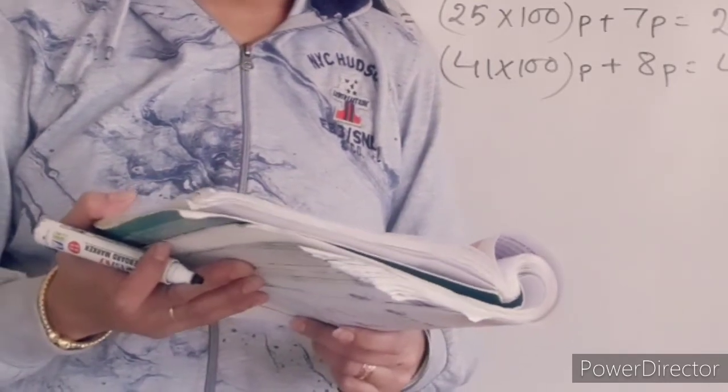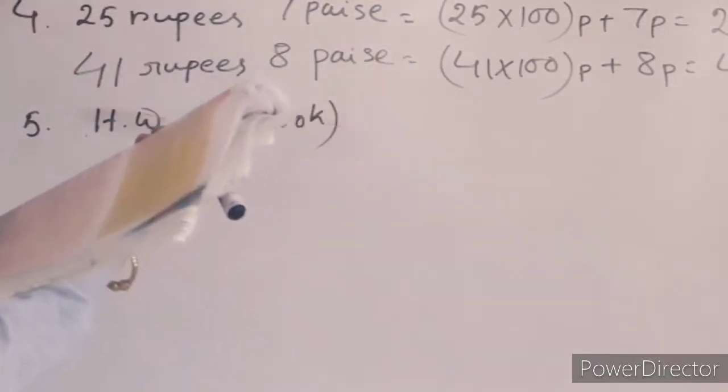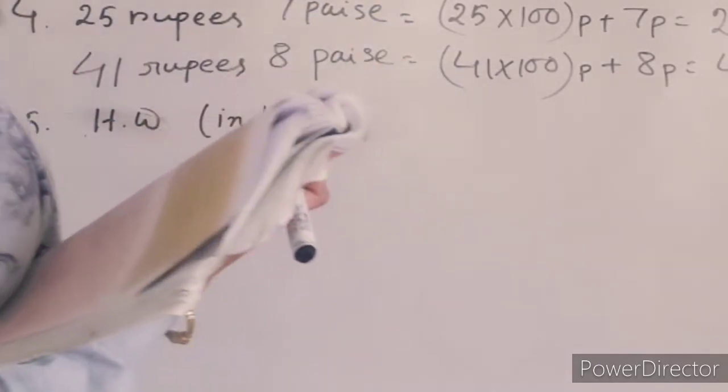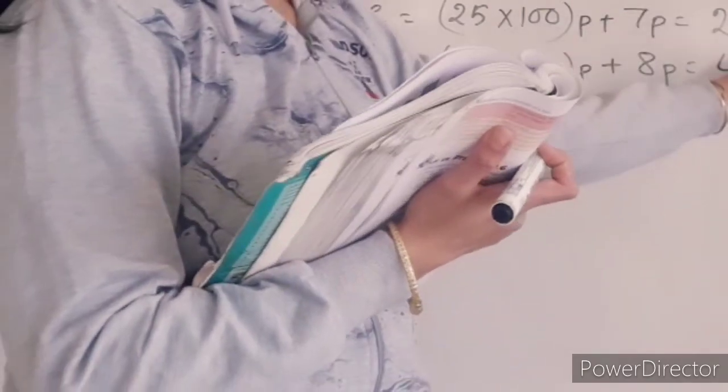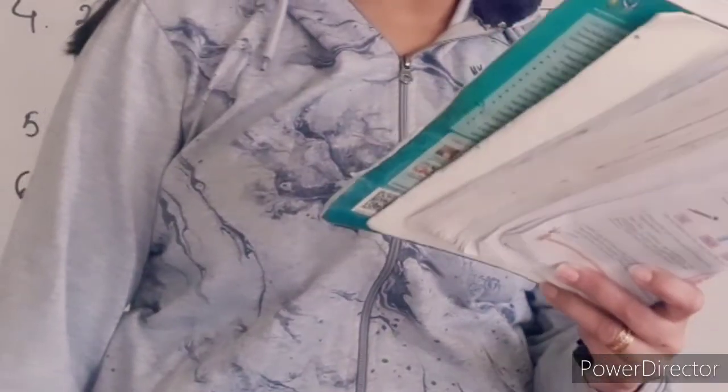Now 6. Subtract the following amounts by converting into paise. In the same way, first you convert rupees and paise into paise. After that you will subtract the numbers. 41 rupees 25 paise.